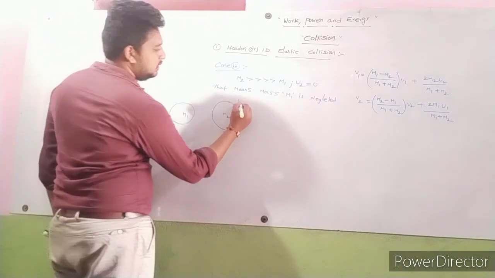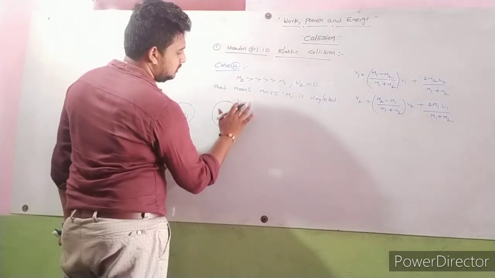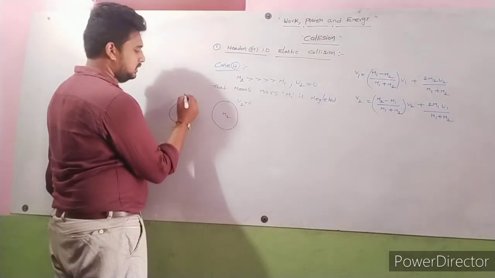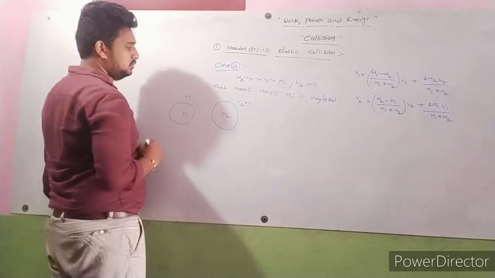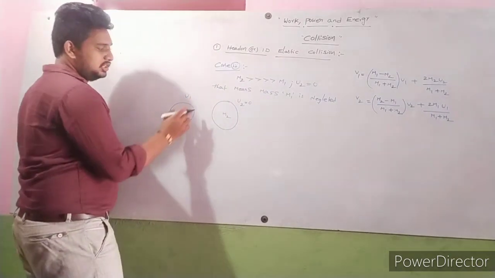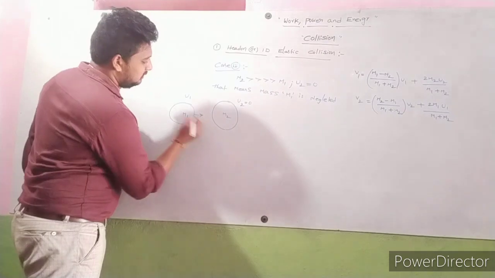Here u2 is equal to 0. For this one, the initial velocity is u1; it is moving with initial velocity u1.